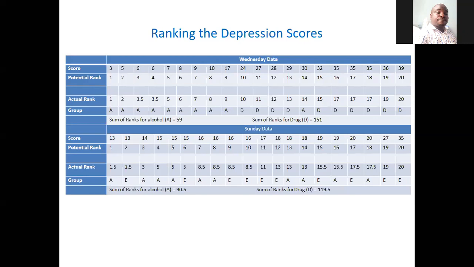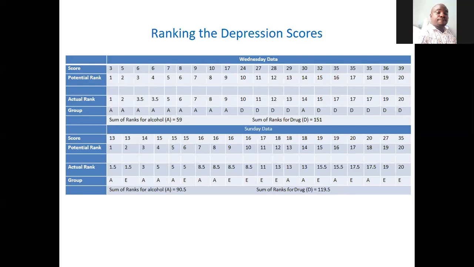But if they are unequal, the group that has the lower number, that would be the statistic. When they are equal, it is the smaller sum value that would be the statistic. In this case it's the same group size, 10 and 10.